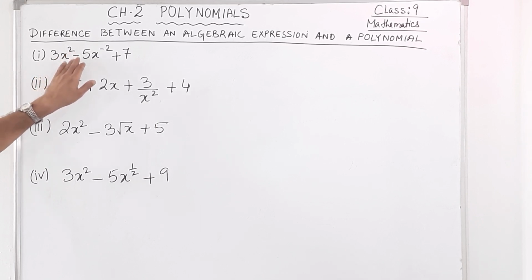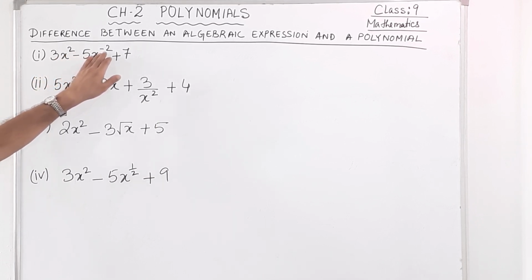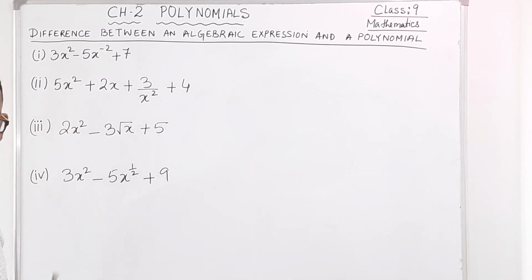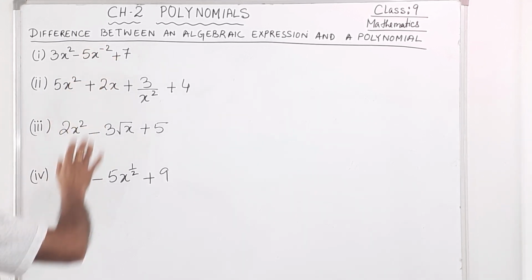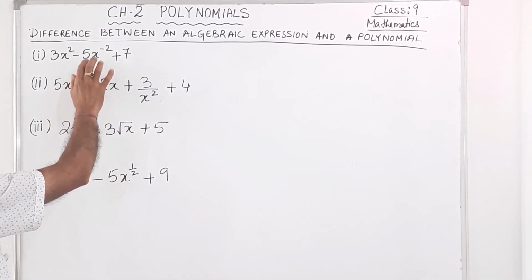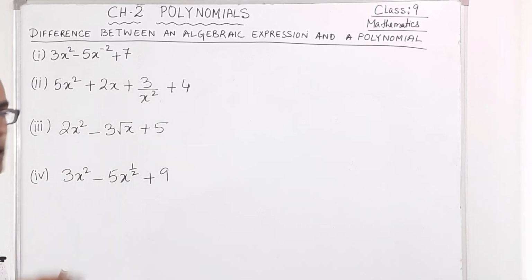3x to the power 2 minus 5x to the power minus 2 plus 7. Now, this is an algebraic expression, no doubt. Now, is this algebraic expression a polynomial?